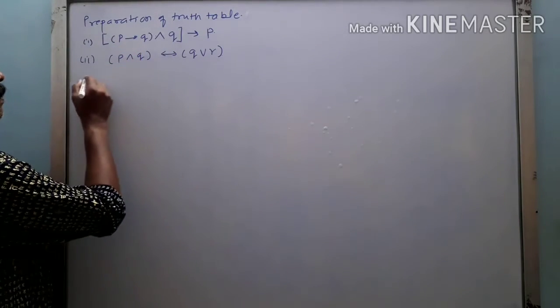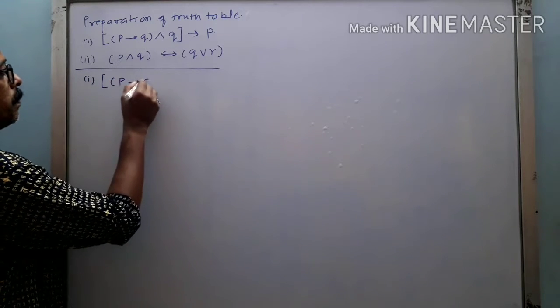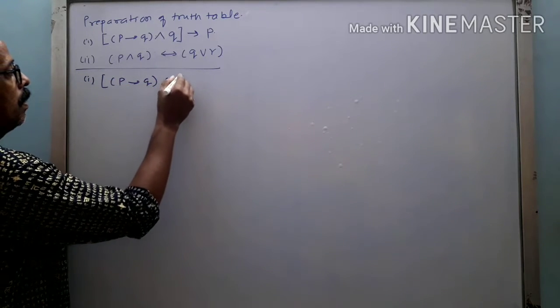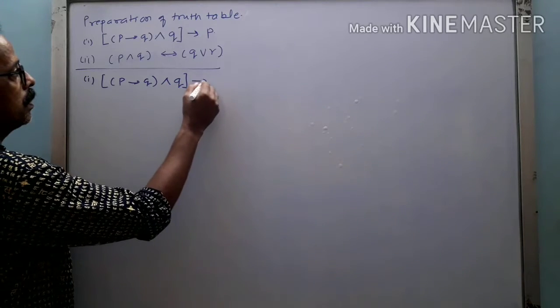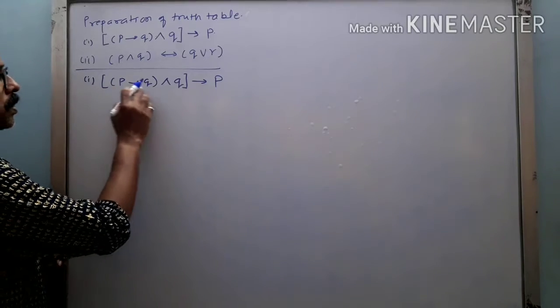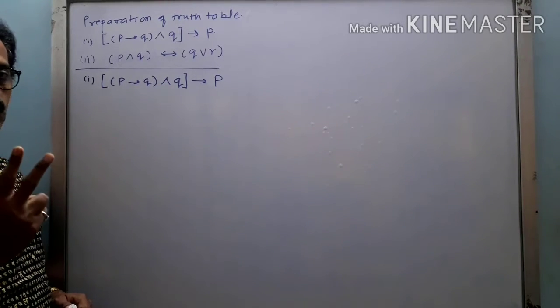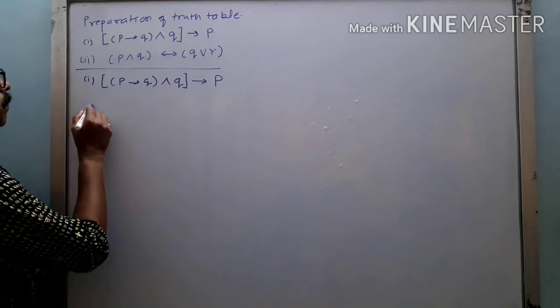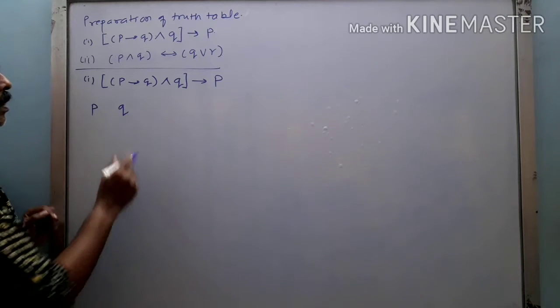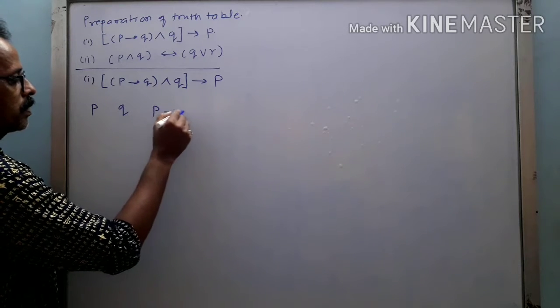The first question for us is P implies Q and Q implies P. Since how many logical statements are there? Two. So in general, we write down P and Q. Next, I want P implies Q. Just remember what I am doing.